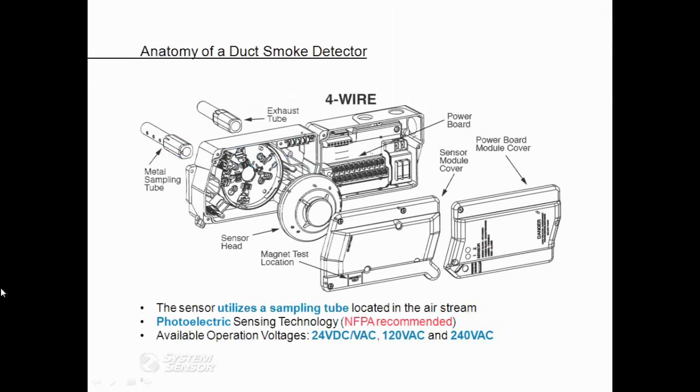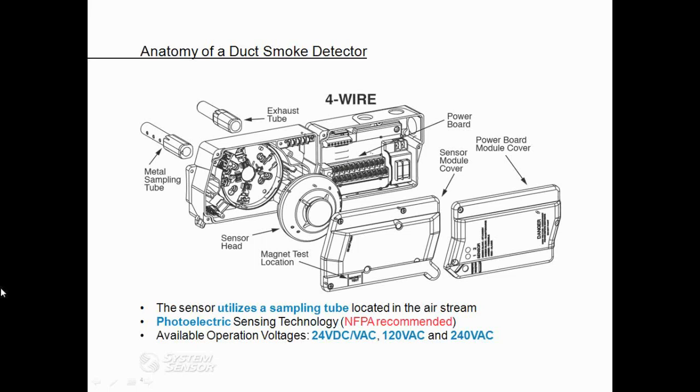So this slide here shows an exploded view of a duct smoke detector and points out all of its different components. A duct smoke detector is comprised of an open area type smoke detector that's mounted in a housing, which utilizes a sampling and exhaust tube that are both located in the airstream to sample the air moving through the HVAC system.